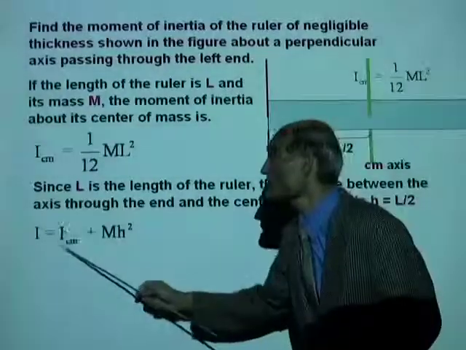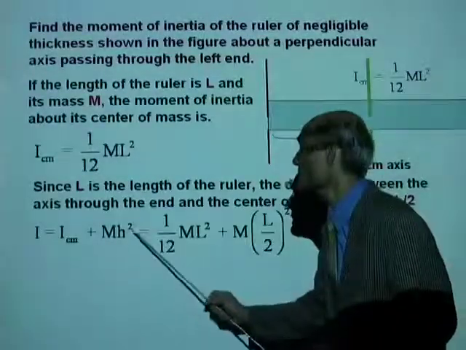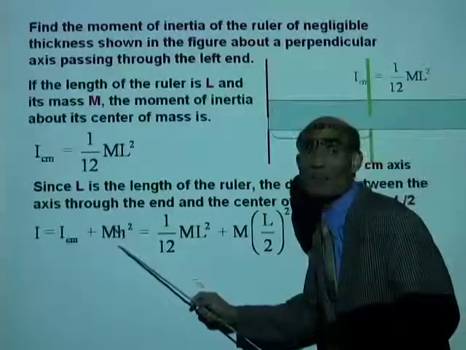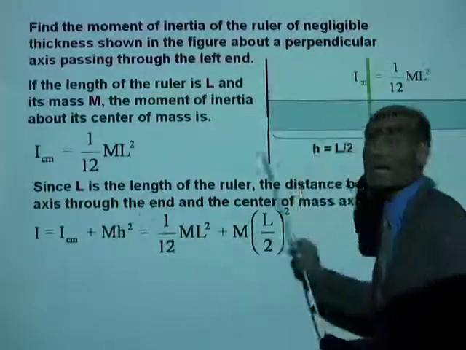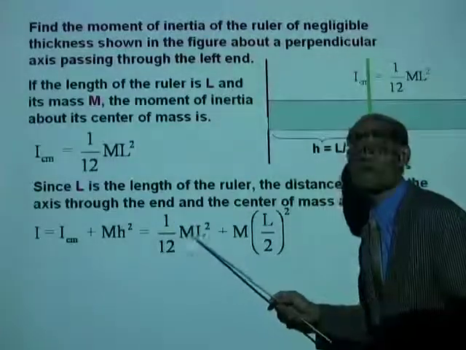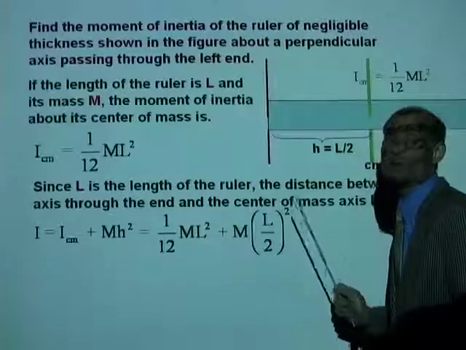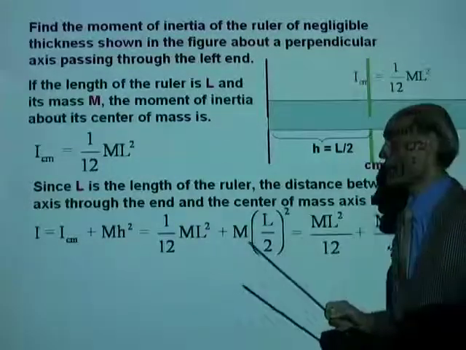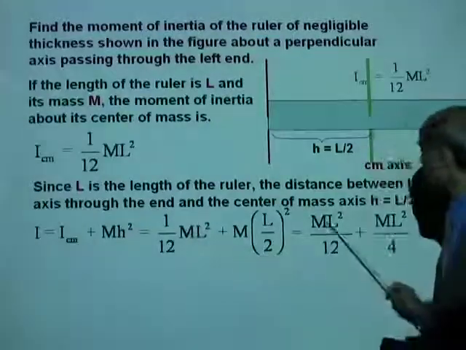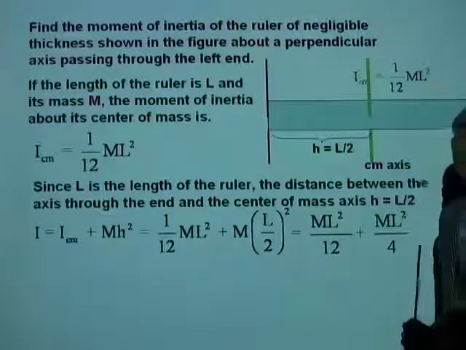Alright, now I center of mass is 1/12 ml squared, plus mh squared, replace your h by L over 2. So that will be 1/12 ml squared plus m times L over 2 squared, and that will be ml squared over 12 plus ml squared over 4.